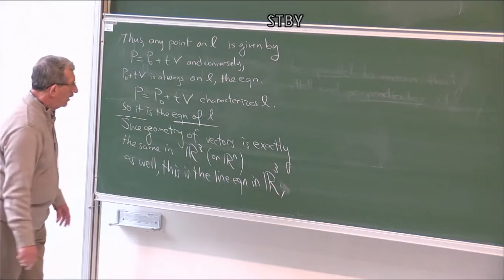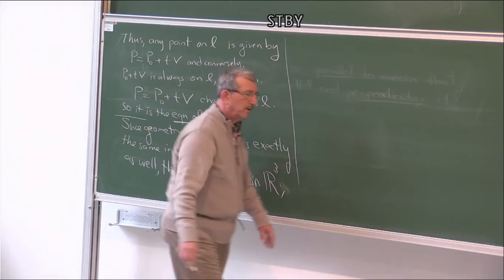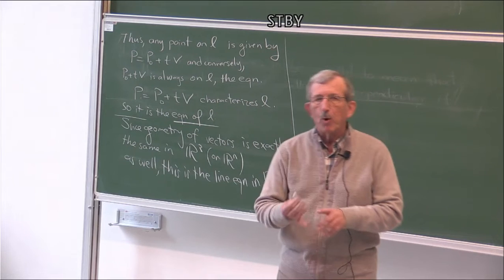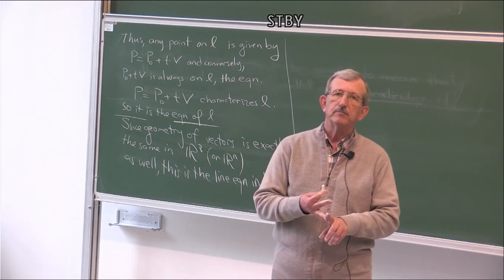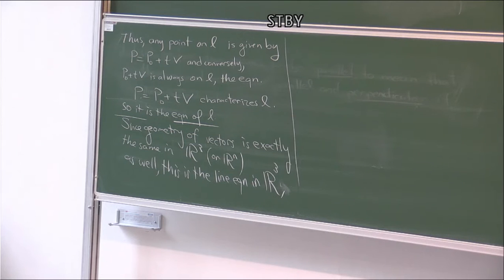So we have this formulation of a line in space, we need two data, a point and a parallel vector. Okay. So let us investigate this a little further.